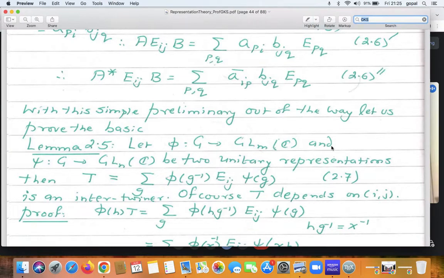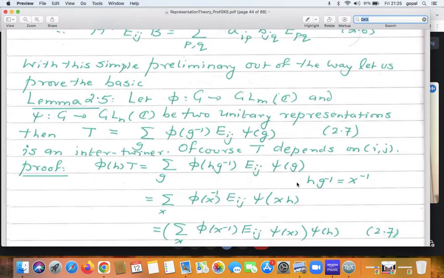Phi of h applied to T is summation over G. What is the definition? Summation over G, phi of h, phi(g inverse), so phi(h g inverse) E_ij psi(g). Now what you do is that you introduce the h here also, by making a change of variables.